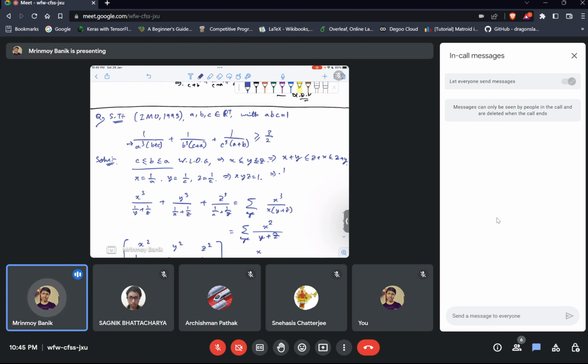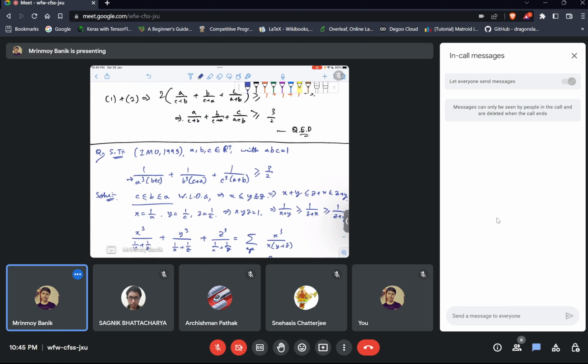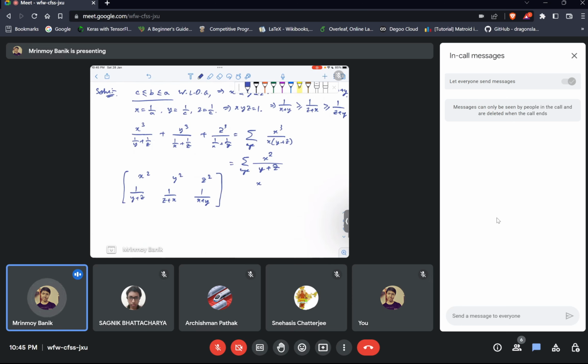That would imply 1 by x plus y is the largest, followed by z plus x and z plus y. The smallest one is y plus z. This is the largest combination. Anything else is smaller.